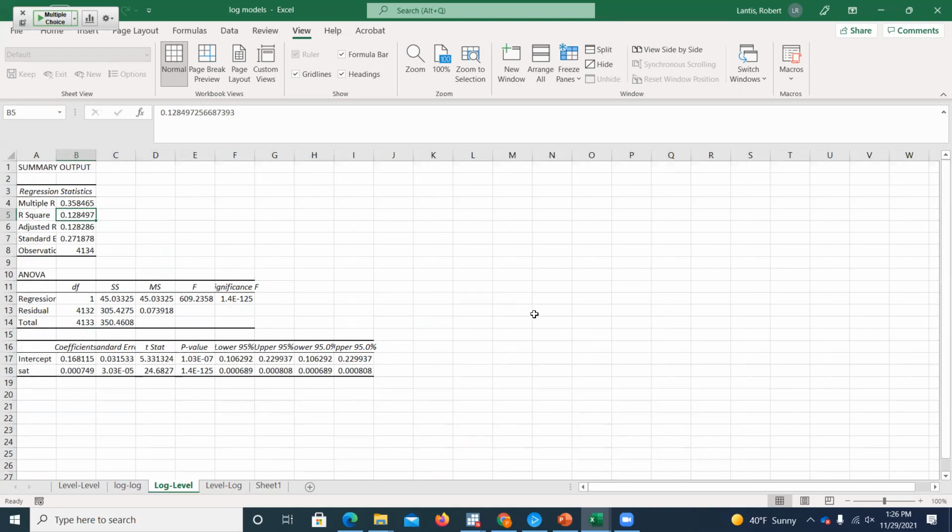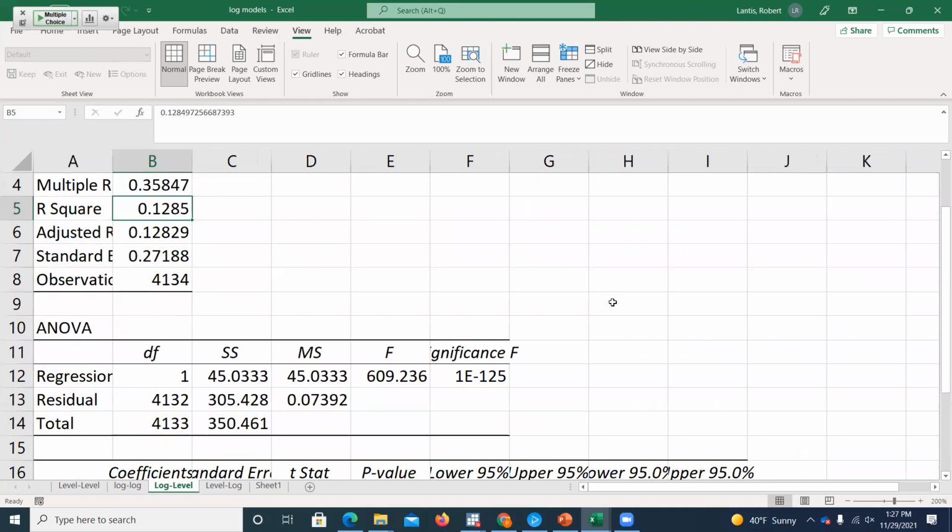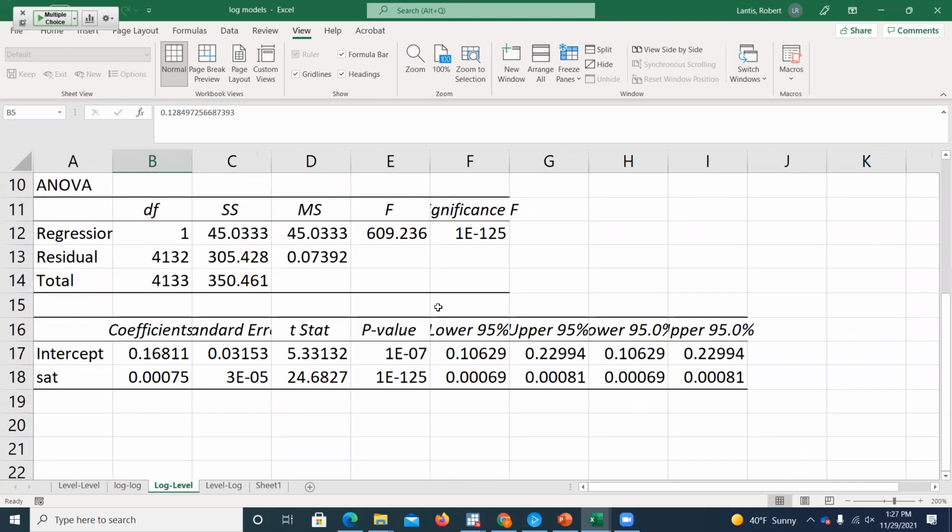Now, what if I go to a log-level model? Look here, I'll zoom in. First of all, if you don't know the entire interpretation, how would I start out the interpretation? So this is where we've got to be careful. The change that we think about in the x variable depends on what we did to that x variable.